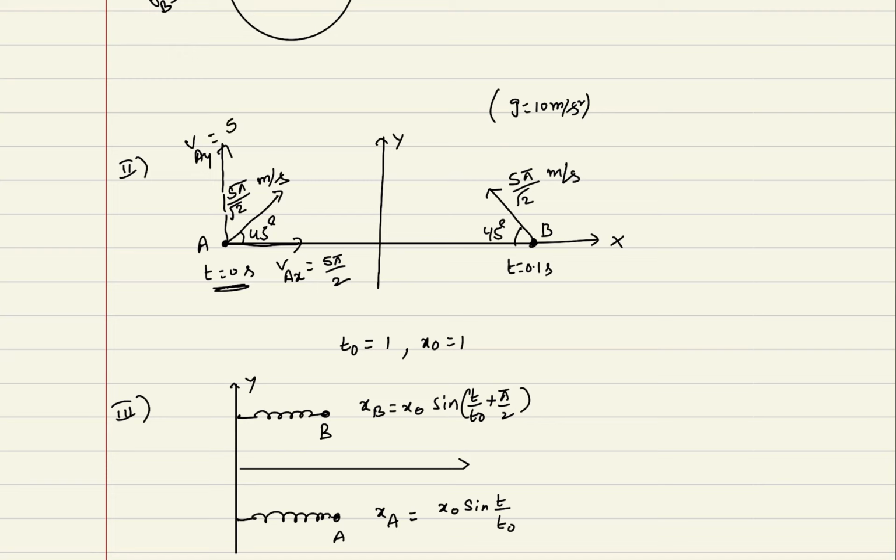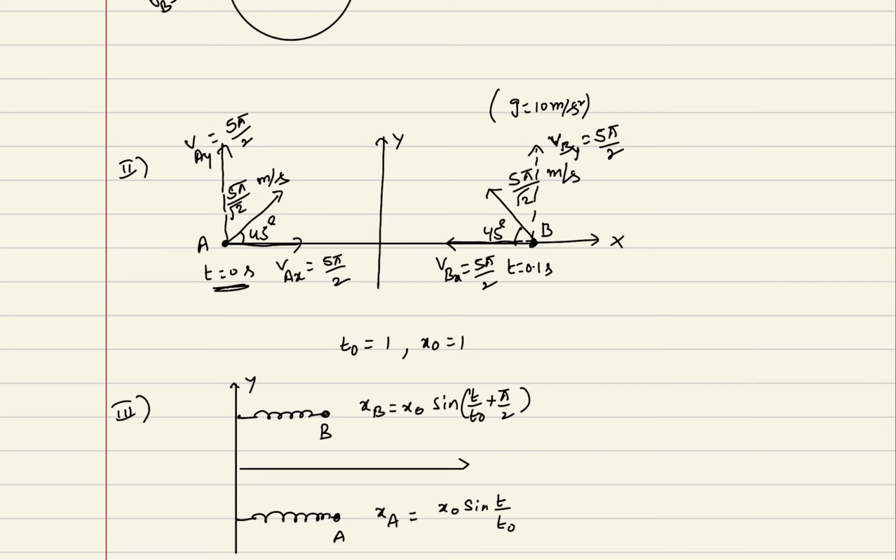Similarly, velocity of A along the y-axis is also 5 pi by 2, that is, 5 pi by 2 cos 45. Similarly, the velocity of B along the x-axis is also 5 pi by 2, and along the y-axis also 5 pi by 2.